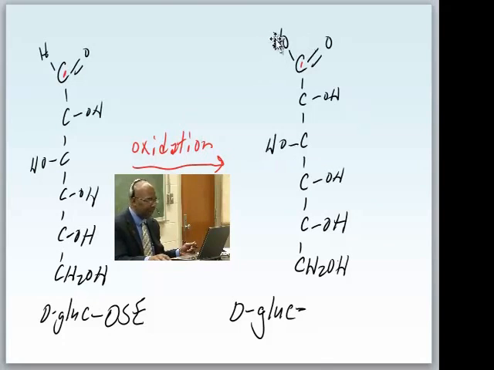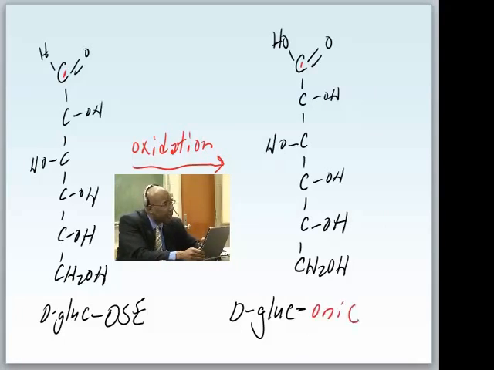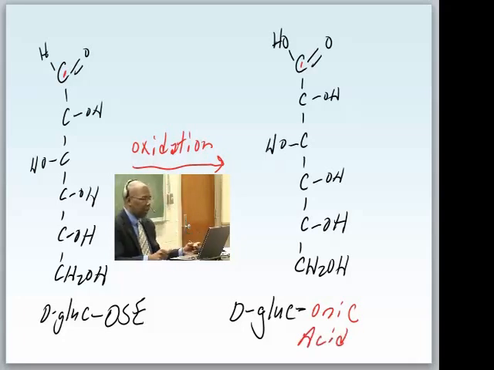So what is the name of this structure here? Exactly, D-gluconic acid. Exactly. Can it be simpler than this? Is there a way for this to be simpler? D-gluconic acid.